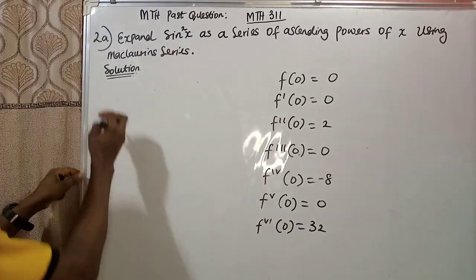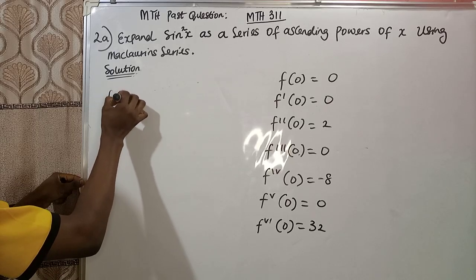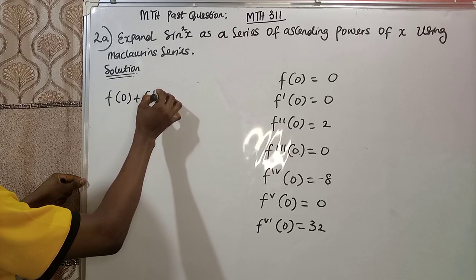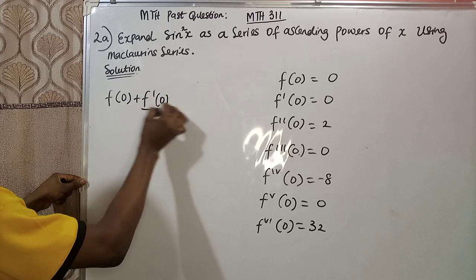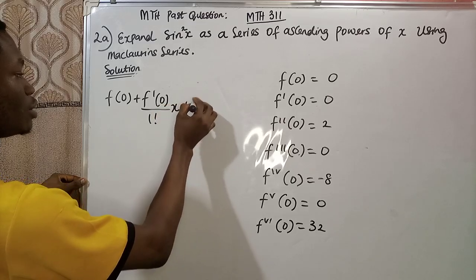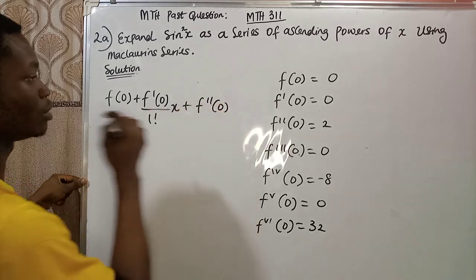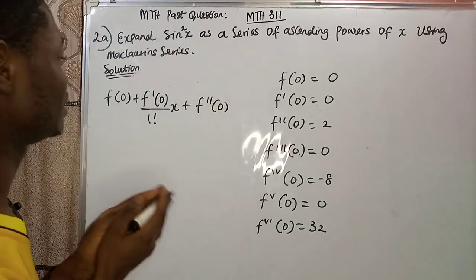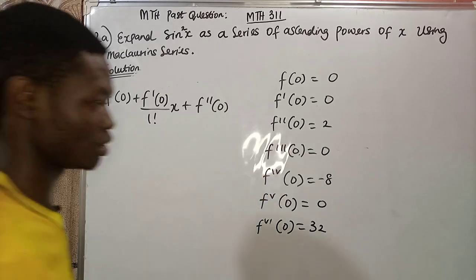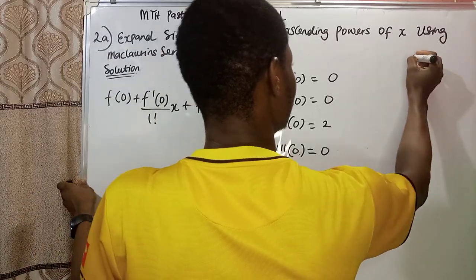Remember our formula? Our formula is telling us that f of 0 plus f prime of 0 all over 1 factorial x plus f double prime of 0. Hey, how will I even write this thing? Okay, let me write this in here.